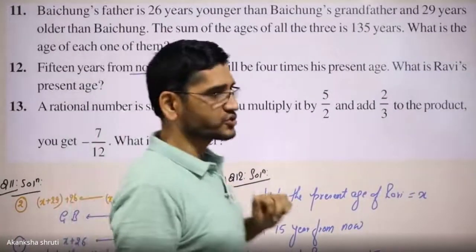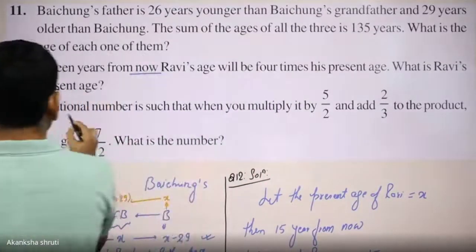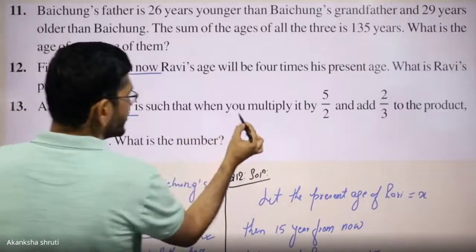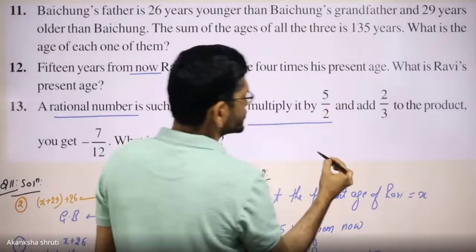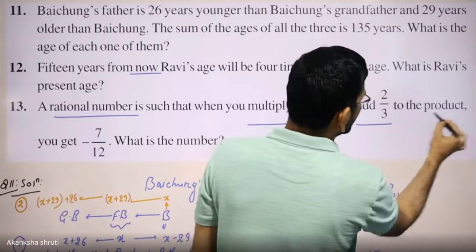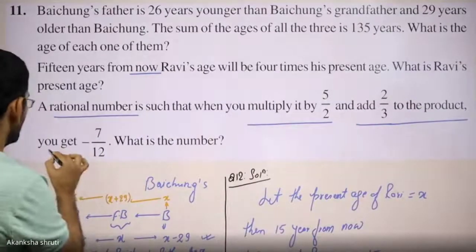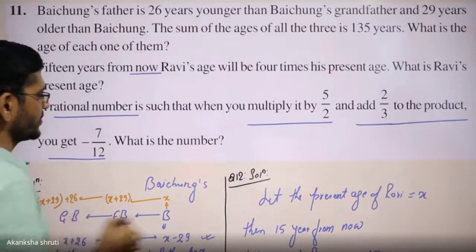Students, in this question number 13, we have a rational number such that when you multiply it by 5 by 2 and add 2 by 3 to the product, you get minus 7 by 12. What is the number?